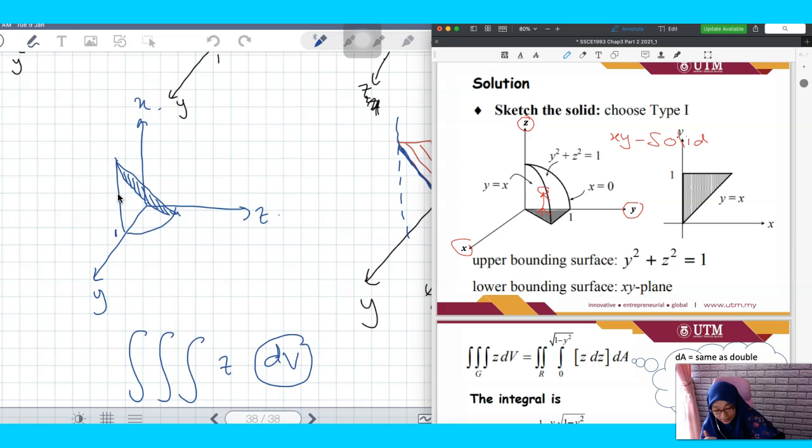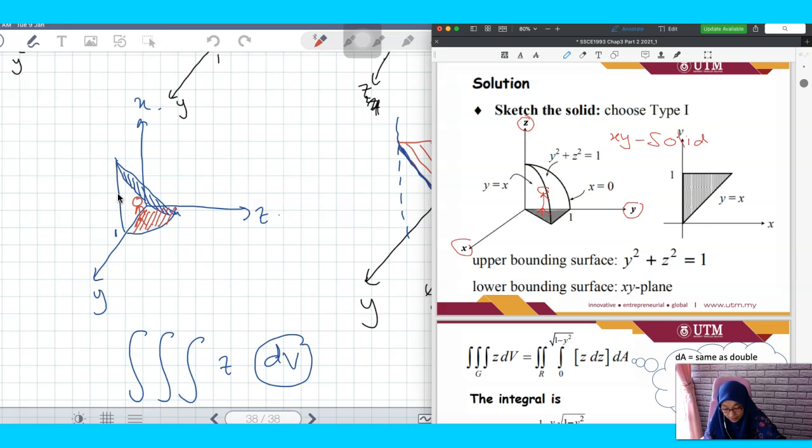But if you have this kind of solid, next you sketch that small person. Where are your feet lying? Your feet are lying on this plane, right?